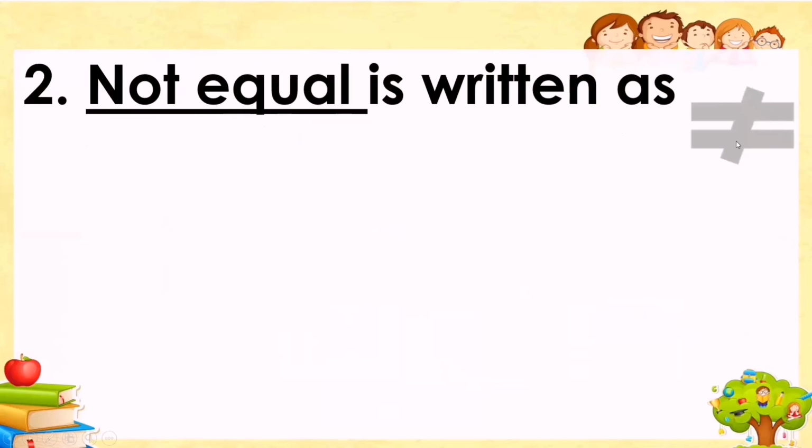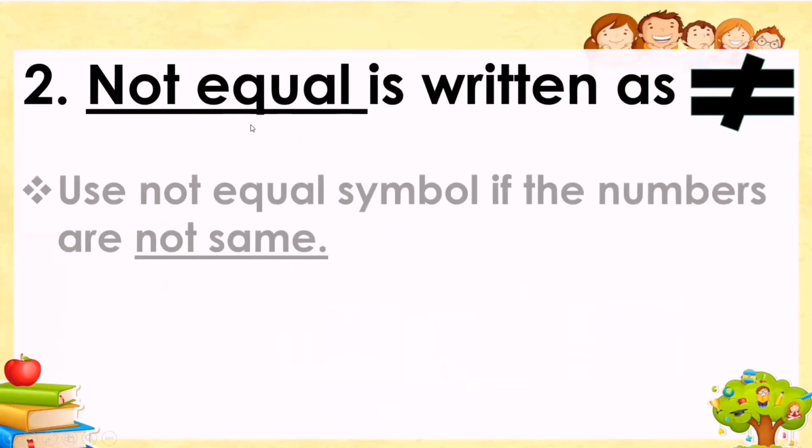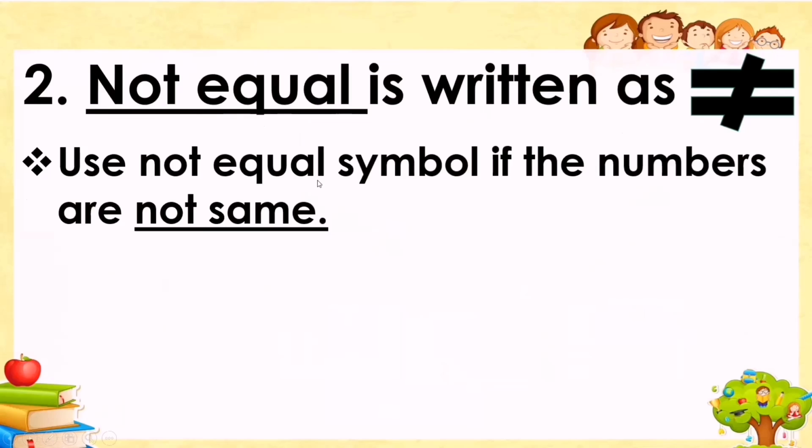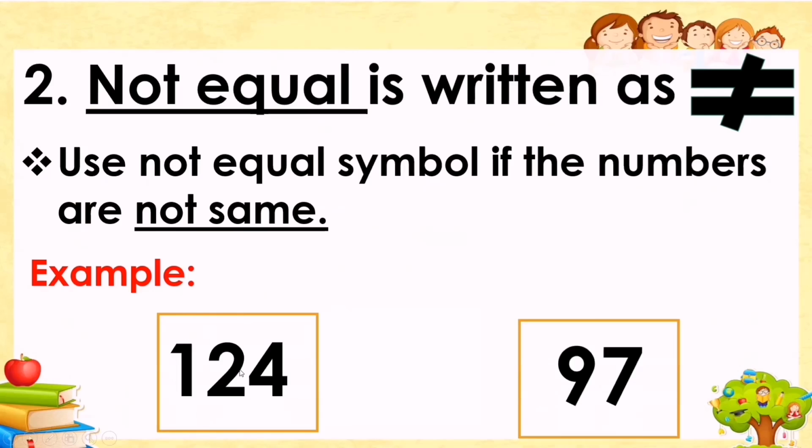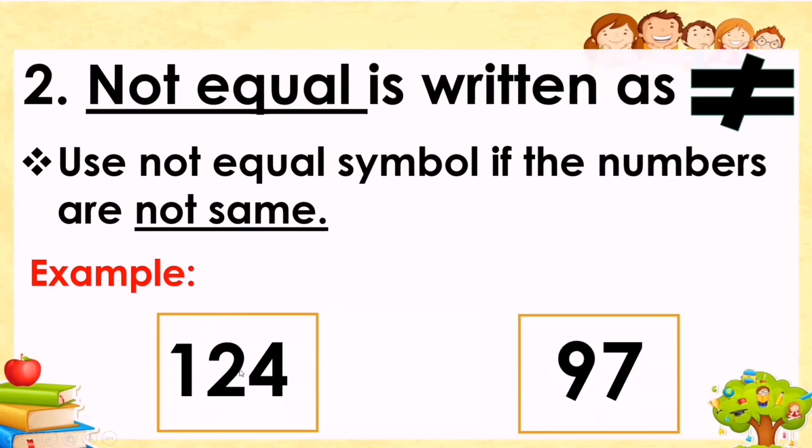Okay, so we are going to use not equal symbol if the numbers are not the same. So if the numbers are not the same, you are going to use not equal. Let's see this example. Okay, we have here 124 and 97.